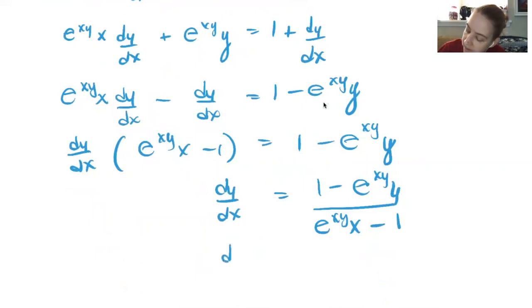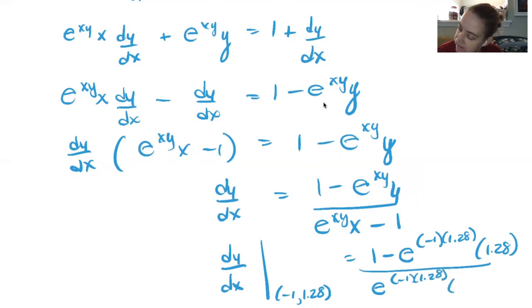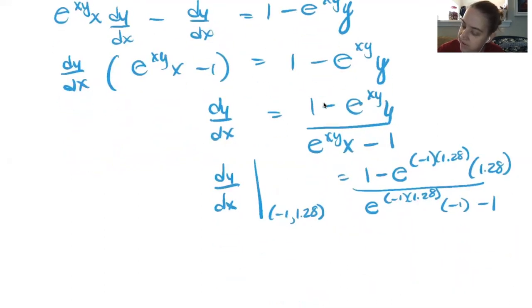So dy/dx at the point -1, 1.28 is equal to 1 minus e to the (-1)(1.28), times 1.28 as my y, over e to the (-1)(1.28), times -1 as my x, minus 1. And in my calculator, let's see if I can figure out what this is.